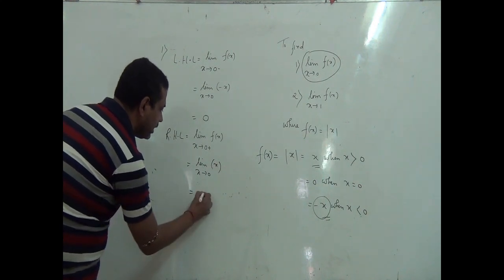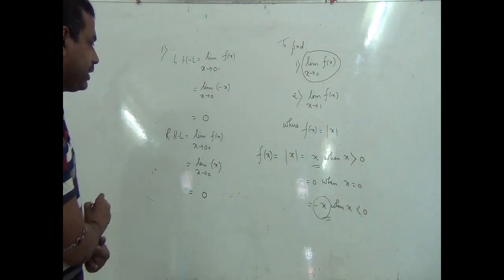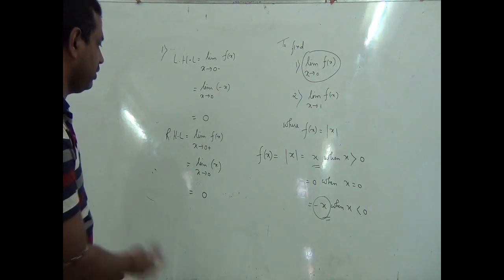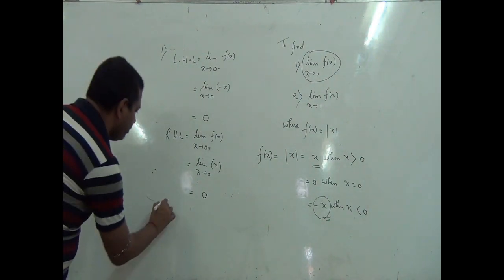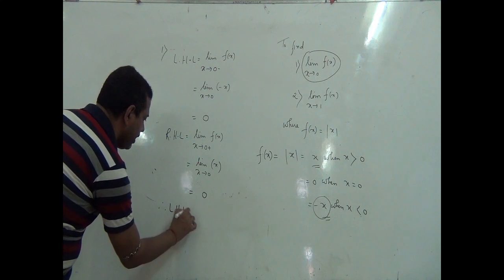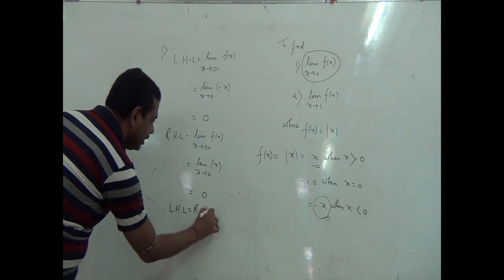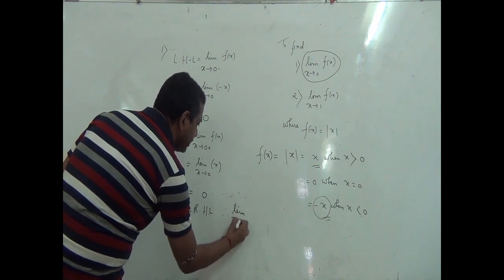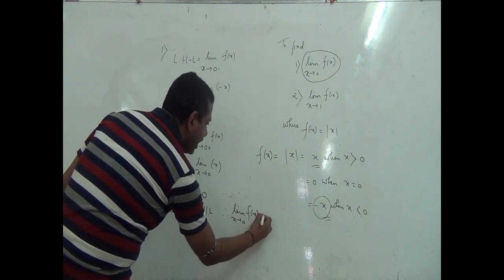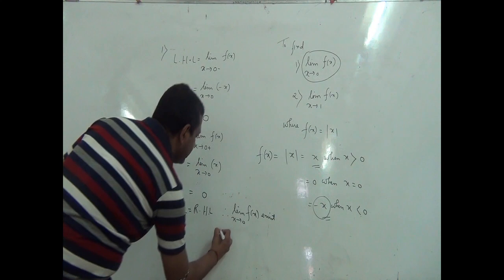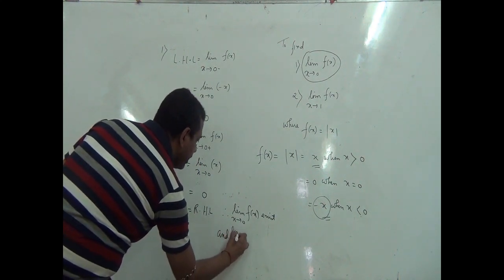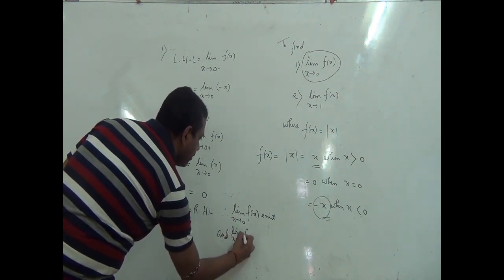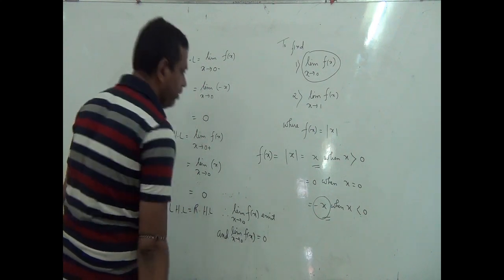Now our answer is, when x tends to 0, the limit is also 0. So therefore left hand limit equal to right hand limit. Therefore limit x tends to 0 f of x exists and limit x tends to 0 f of x equal to 0.